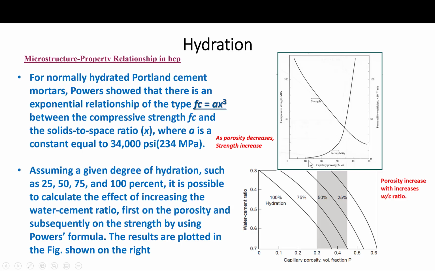This is the relationship between the capillary porosity and the strength. Of course, here is the permeability. We will talk about it in a bit. It is clear to see how strength decreases with the increase in porosity. Porosity, of course, increases with the increase in water-cement ratio. We mentioned this several times, and I will talk about this in a bit.